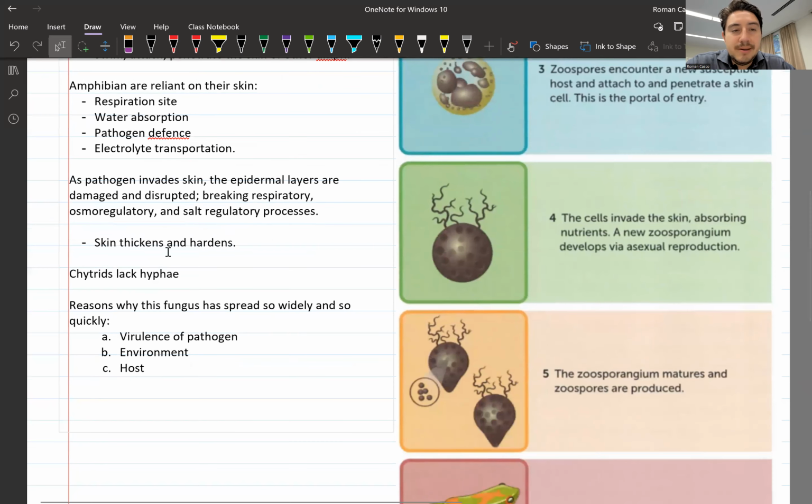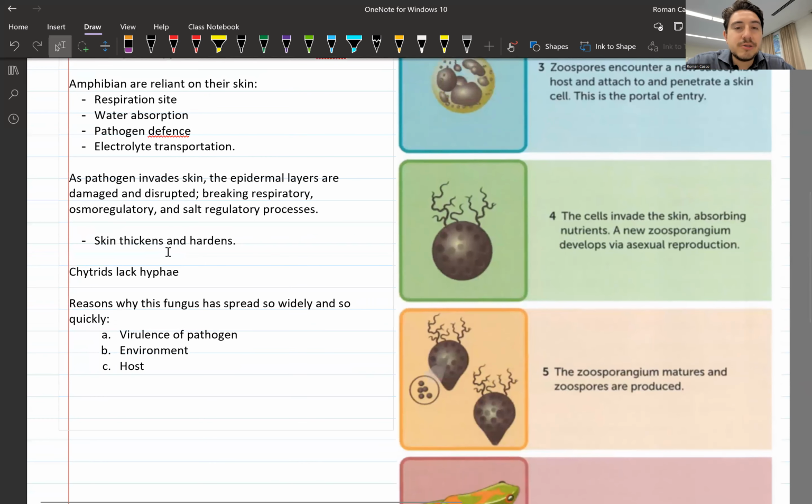So ultimately, the skin starts to thicken and harden, basically even drying out. So you're basically destroying this important living system within the amphibian, and the likelihood of it surviving is greatly decreased, right?